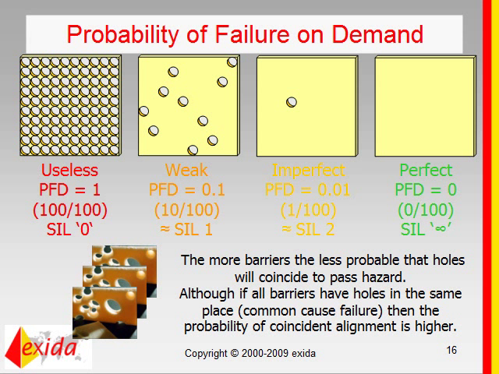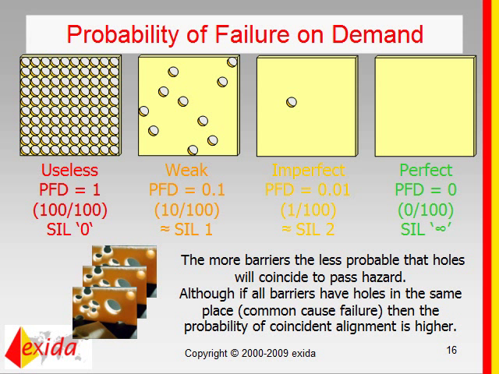There are no holes, and basically the amount of risk reduction that you achieve will be equivalent to a SIL level that is equal to infinity. Now, all the way to perfect, that is probably something that is fairly uncommon. The Swiss cheese on the left is basically a useless protection layer.